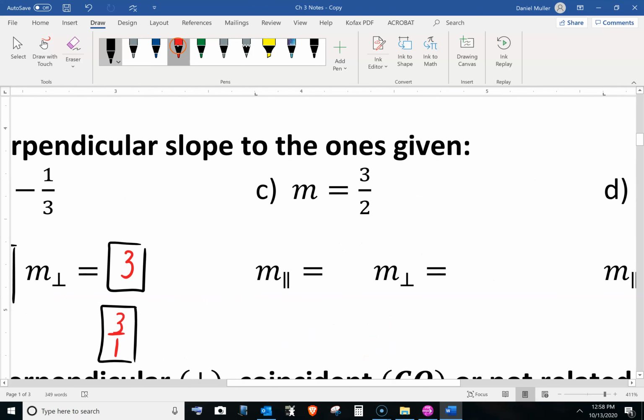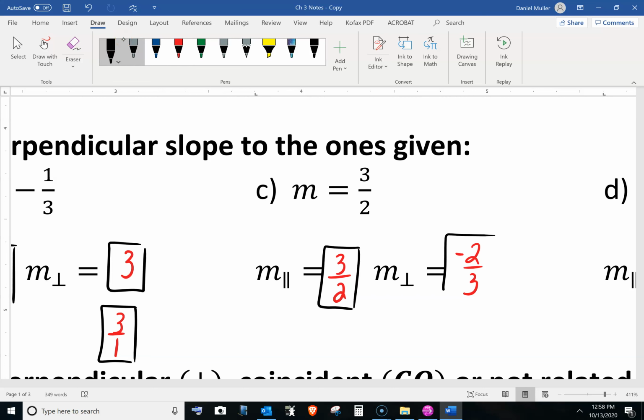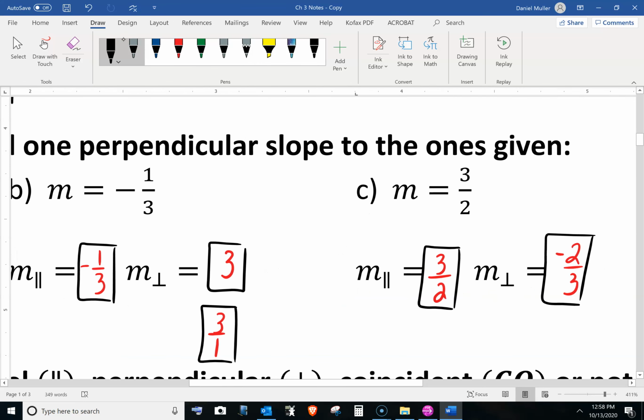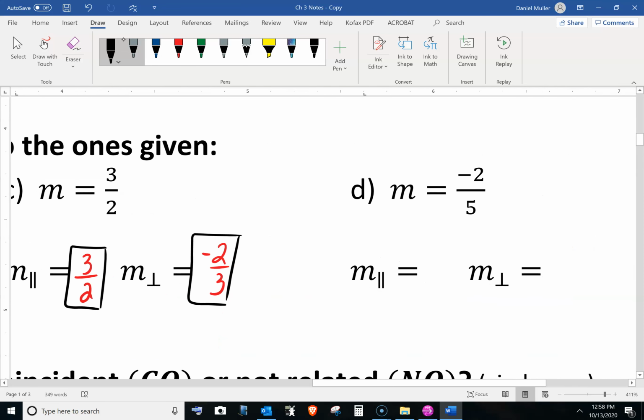So a parallel slope to 3/2 would just be 3/2. Perpendicular would be to flip it. And it's a positive, so we'll make it a negative. So this one was a positive, the perpendicular was negative. Here was negative, the perpendicular was positive. So we flip the signs.